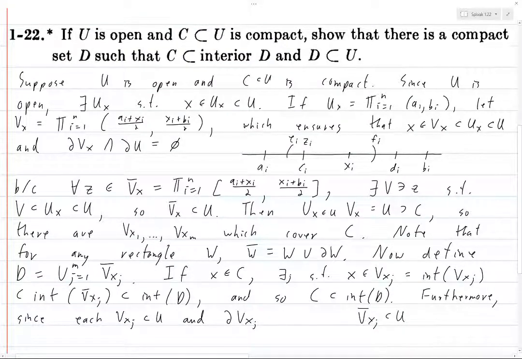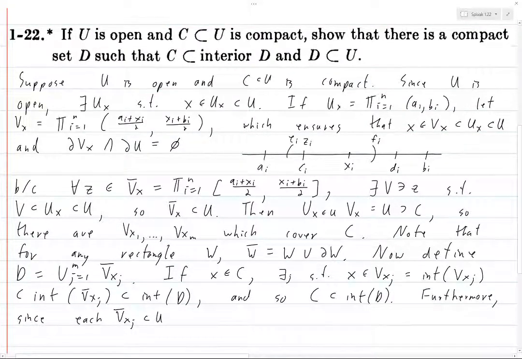What we really need is that the boundary of Vxj is contained in U. Well, wait a minute, don't we already have this? There exists a Z in V such that this, so the closure of Vx is contained in U. Yeah, we already talked about this.